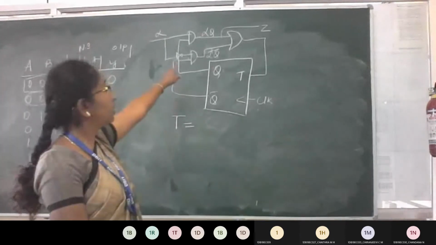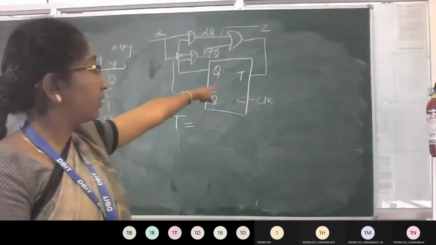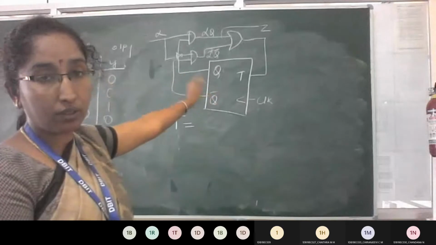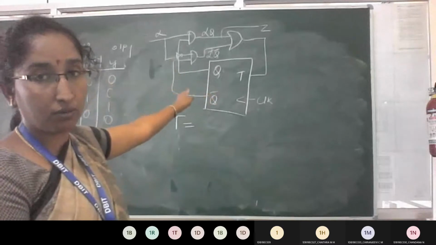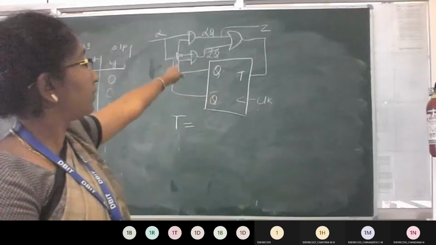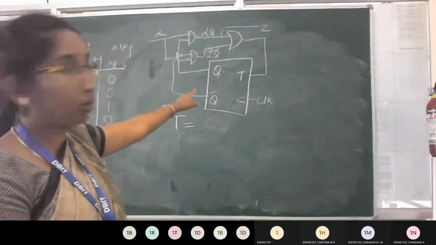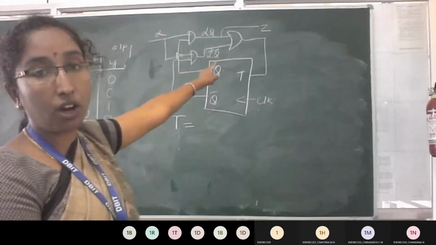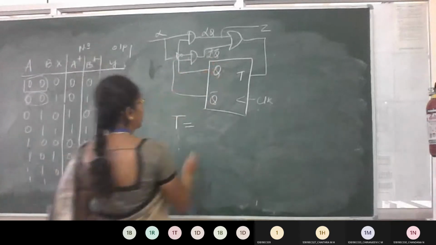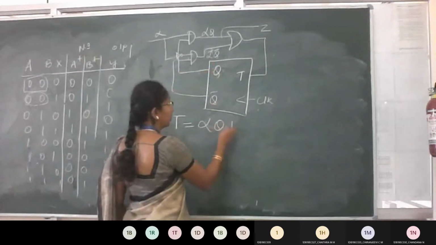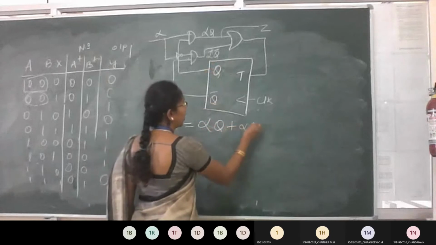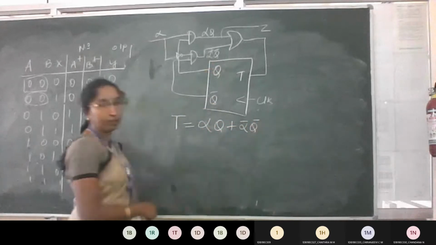Just observe, we have written some gates, and that is given to input T. I have written the output of the AND gates. The first AND gate is alpha Q. The output of the second AND gate is alpha bar Q bar, and it is given to the OR gate. So T will be alpha Q plus alpha bar Q bar.